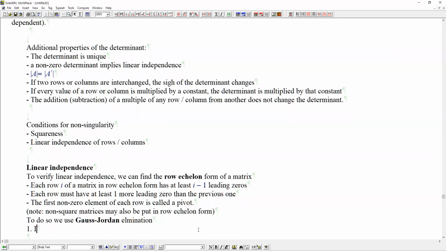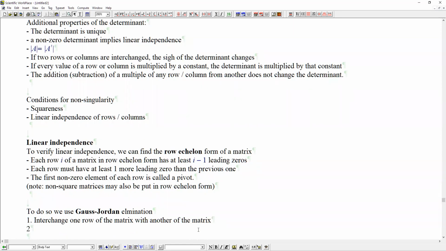So what you can do is, one, interchange one row of the matrix with another, and two, replace one row with that row plus or minus a constant times any row of that matrix, including itself.